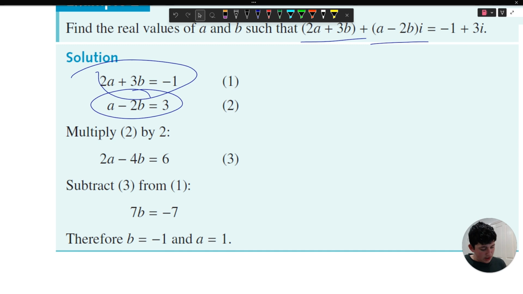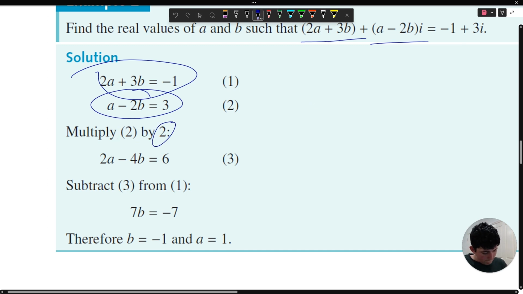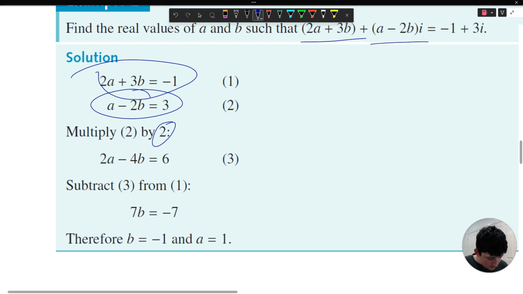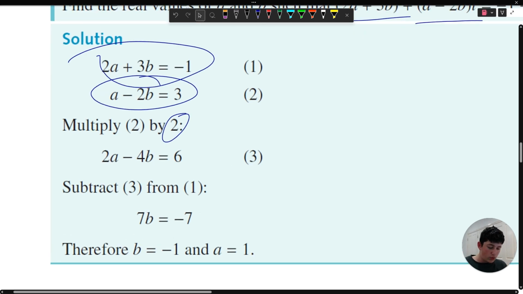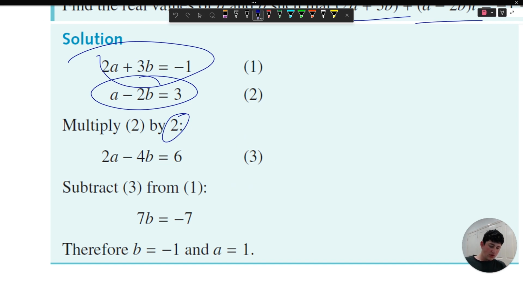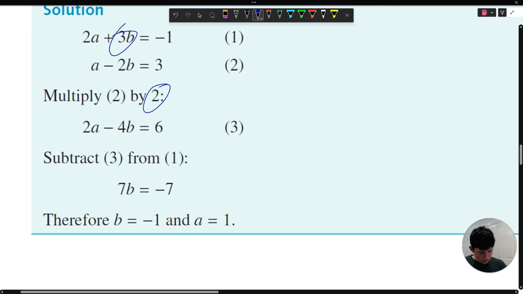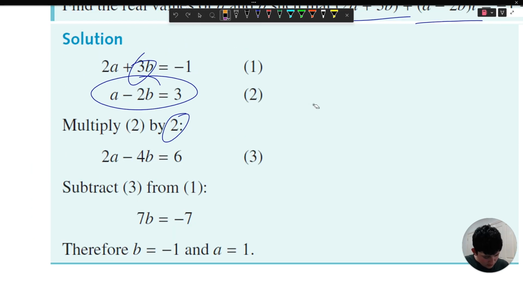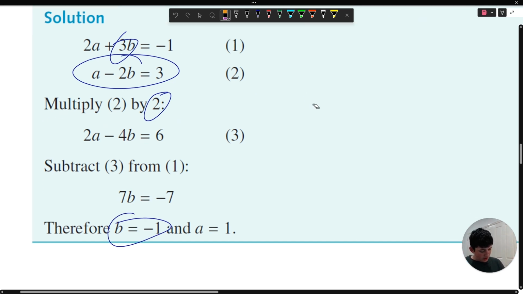You multiply the second equation by 2. 2a minus 4b equals 6. That is our third equation. When you subtract the third from the first, you get 7b equals negative 7. Therefore, b equals negative 1 and a equals 1.